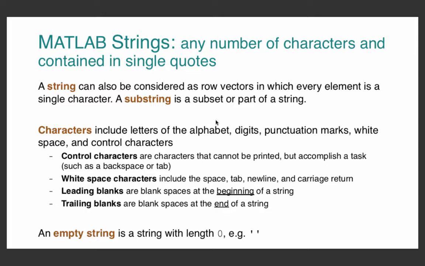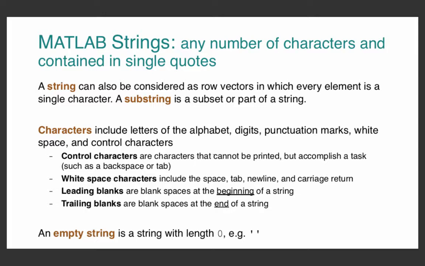and control characters. We've seen a control character, right? Control characters typically start with a backslash and a letter. So we've seen \n. That's the control character for a carriage return to go down to a new line. You have \t. That's a control character for a tab.